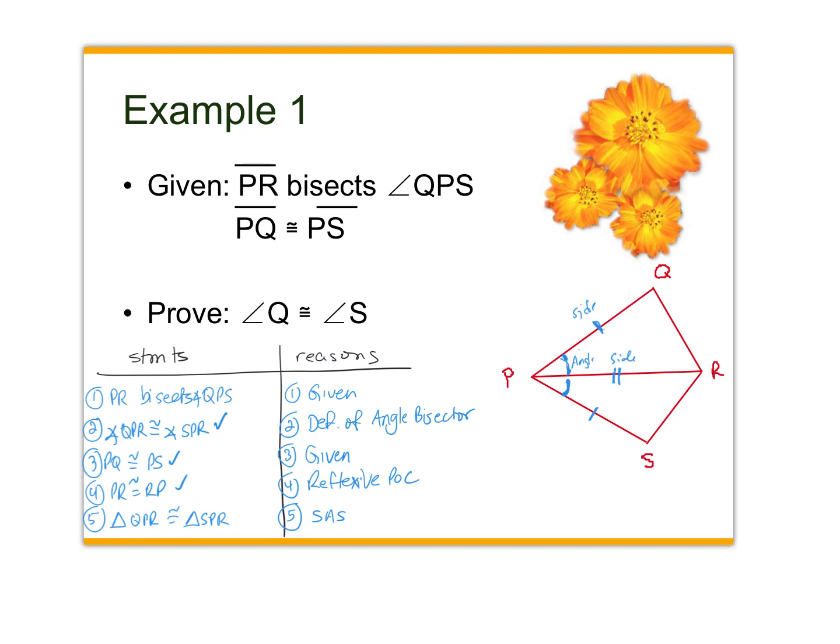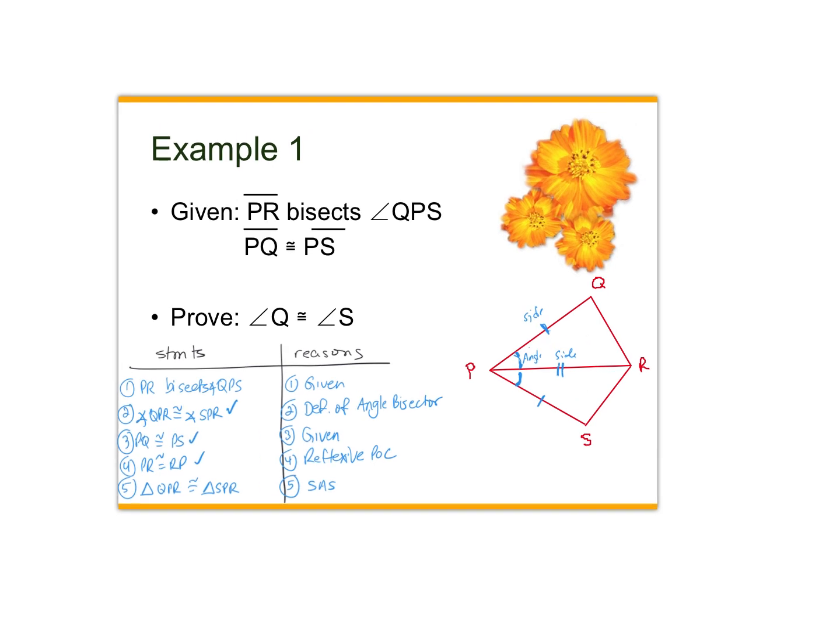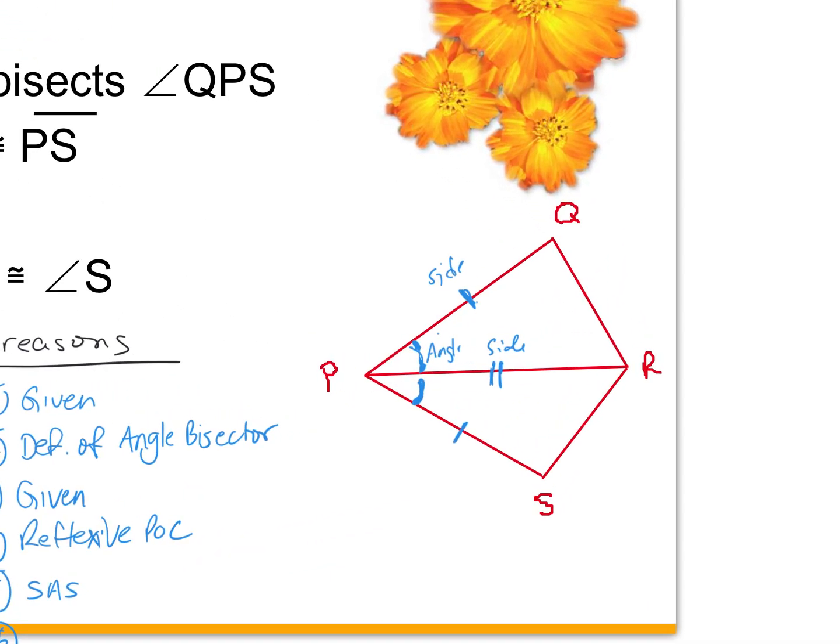So if my triangles are congruent, what can I conclude then? Notice that's not my final step of the proof. Once we know that two triangles are congruent, we know that all their corresponding parts are also congruent. So this third side here has to equal this third side here. I know that this second angle equals this angle, and this angle must equal this one.